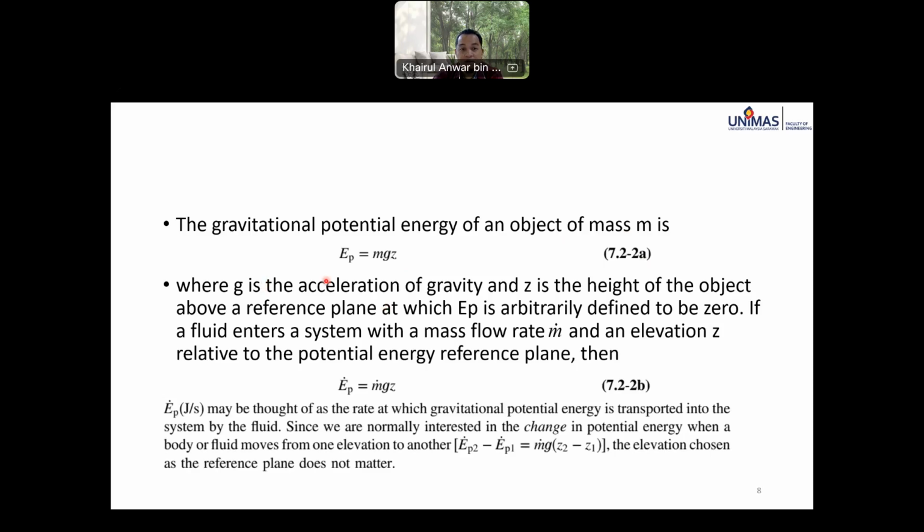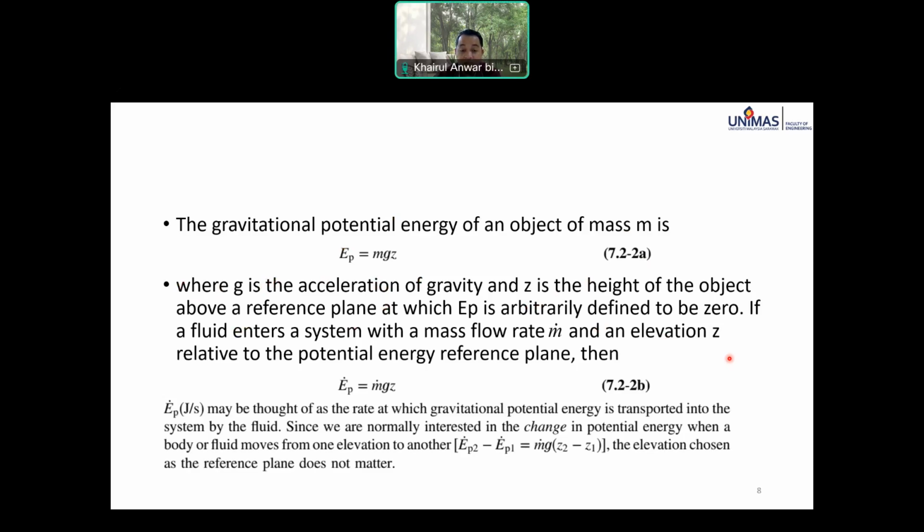We have EP referred to potential energy. The gravitational potential energy of an object of mass m is equal to mgz, 7.2-2a. Where g is the gravity acceleration, z is the height of the object above a reference plane.